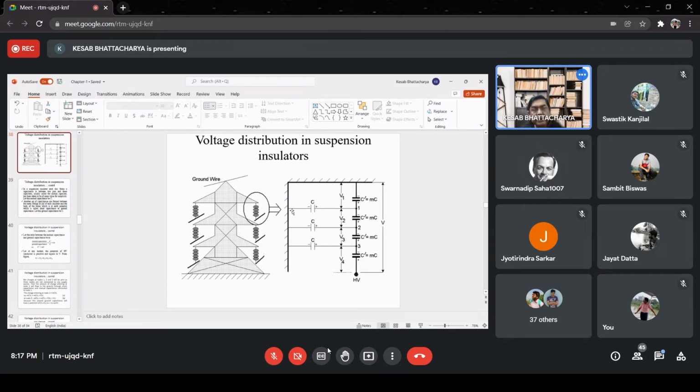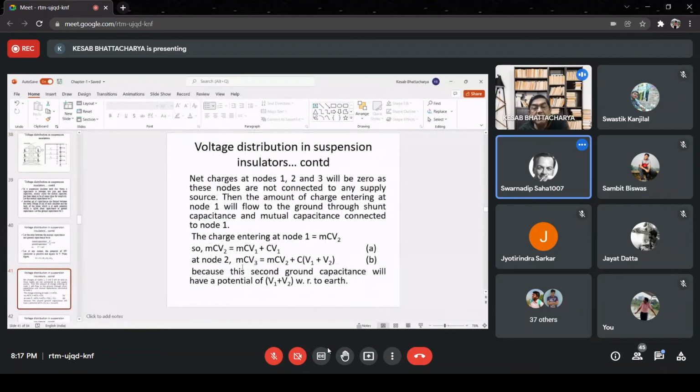From this, V2 is equal to (M plus 1) into V1 divided by M. Therefore, if we divide both sides of equation A by MC, V2 is equal to V1 plus V1 by M, or 1 plus 1 by M into V1. Can we write that? Yes, sir.